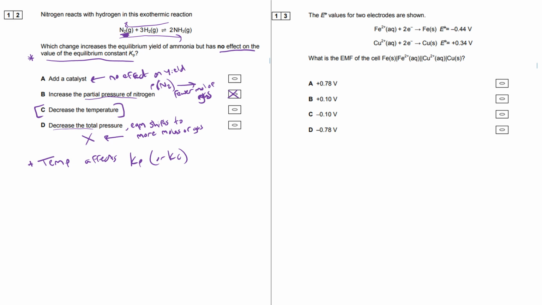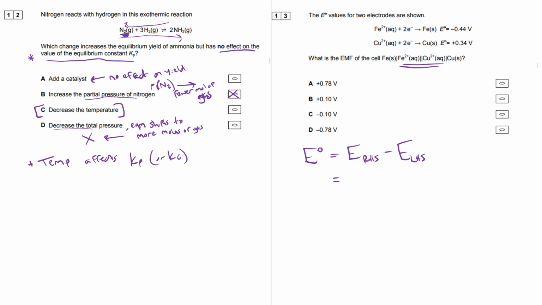Question 13. What is the EMF of the cell? You've got iron and copper, and you're given the two balanced equations there. So if you're given the cell, which we are in this case, to work out the electrode potential, you do right hand side, the cathode, minus left hand side. So what's on the right hand side?